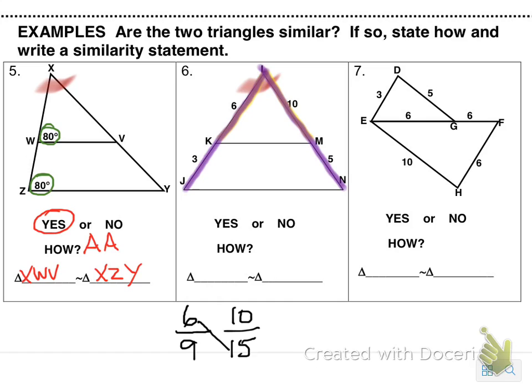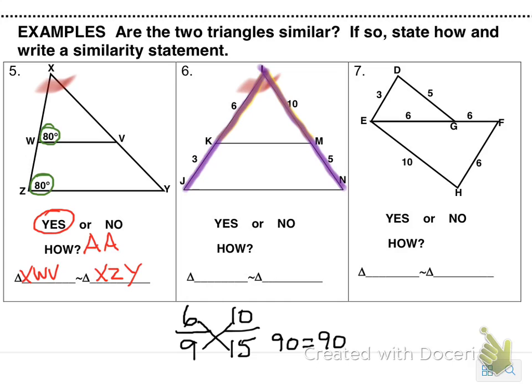Now what's interesting is that by cross multiplication, 9 times 15 equals 90, and 9 times 10 equals 90. So those two cross products are equal, making the two ratios equal, and thus a proportion.